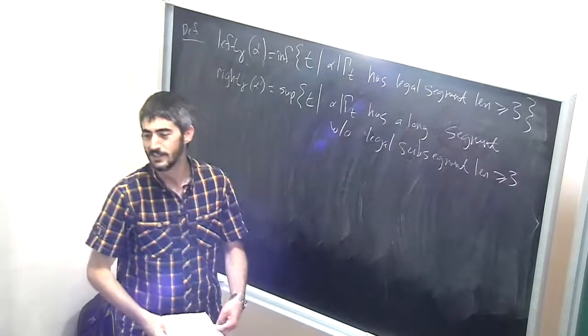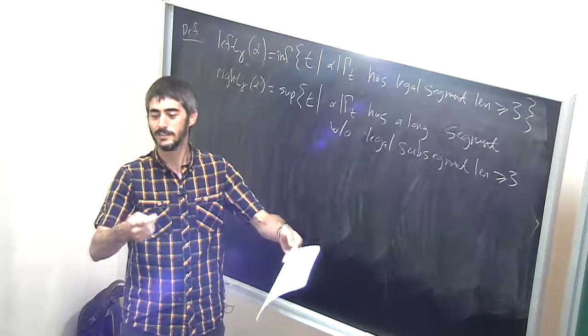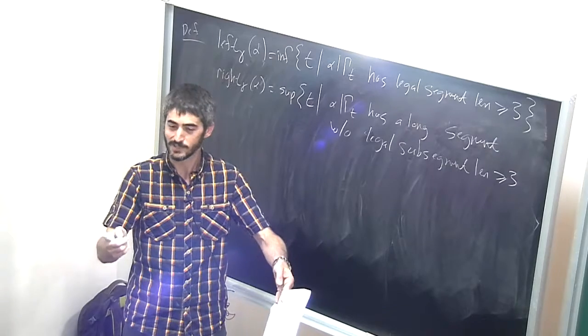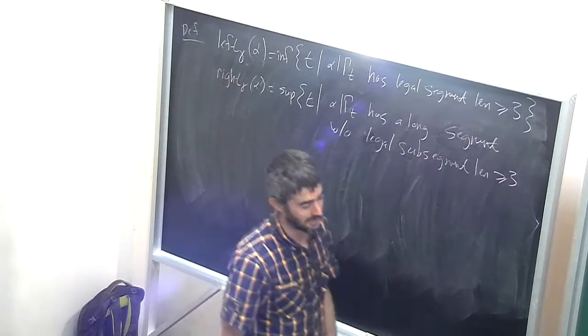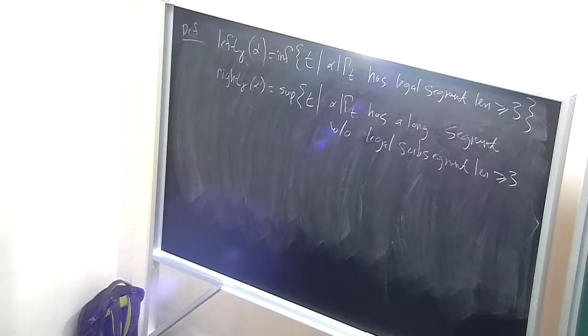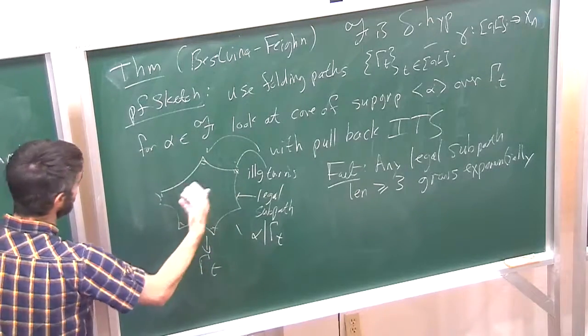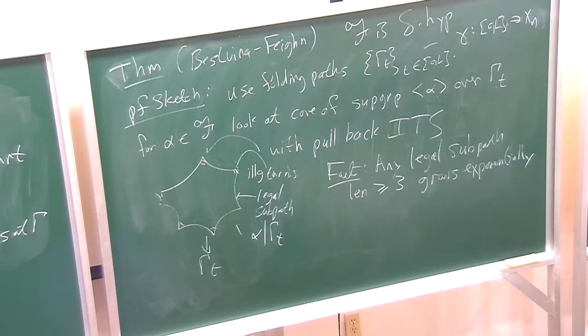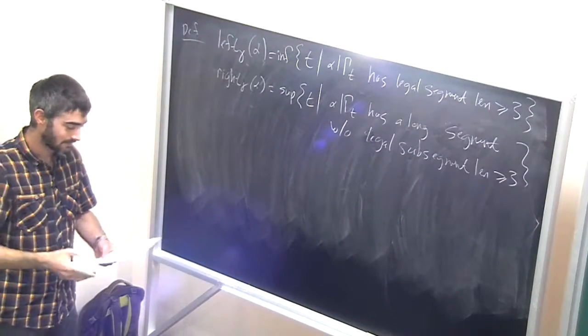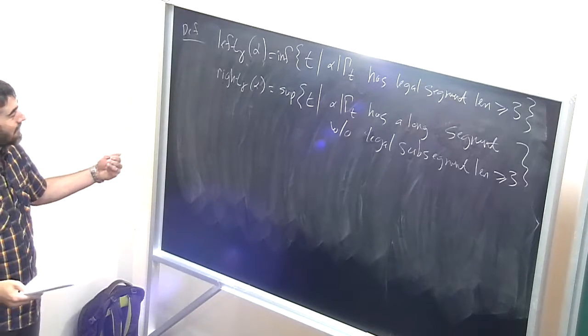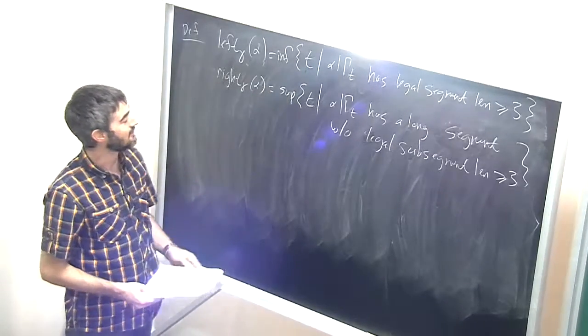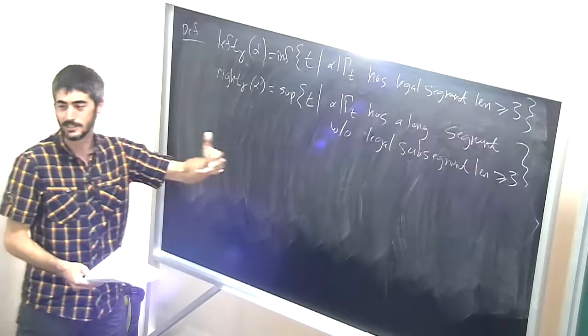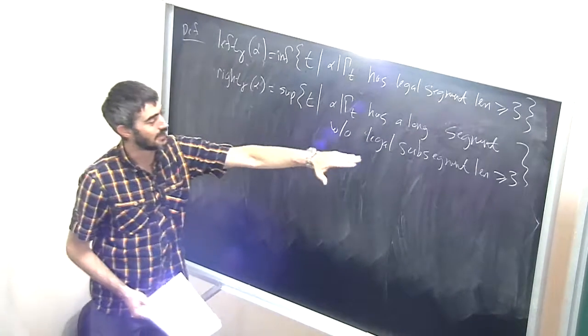So you call a segment illegal if it doesn't have a long legal subsegment. It's like a chunk going along where every little legal bit I took was short, less than 3. If I have a bunch of shorter than 3 things together, I call that an illegal thing. And this is the supremum of times where you have a long thing. I'm not defining what long means; it's some constant. The idea is that as I fold, everything eventually becomes legal, and I pass this infimum. And as I unfold, I get more and more illegal stuff, more illegal turns, and more of these illegal segments.